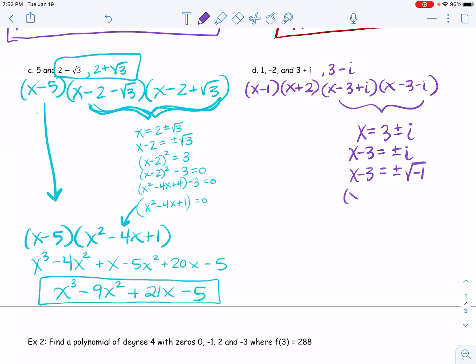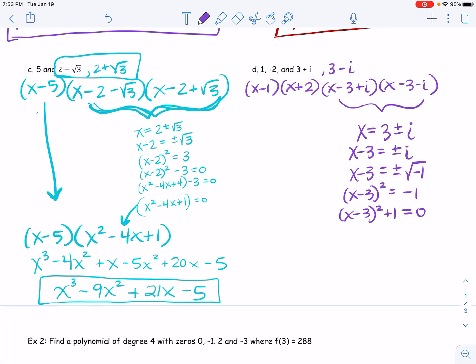Square both sides. Okay, if you need to FOIL out the left-hand side before you add that 1 over, you can, or you can add the 1 over and then FOIL it out. X squared minus 6x plus 9 plus 1. X squared minus 6x plus 10.